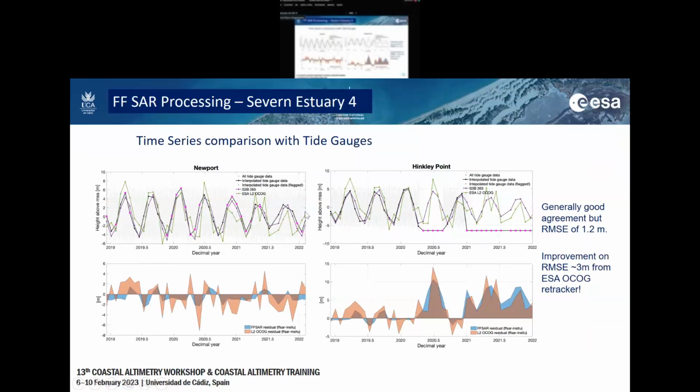Once we looked at all of the peaks, we improved the agreement with the tide gauge data, with originally an RMSE of 3 meters from the OCOG read tracker, and it came down to 1.2 meters. So there's still clearly a lot of improvement to be got, but it demonstrates the difficulty in working in these highly tidal environments and getting good data out.